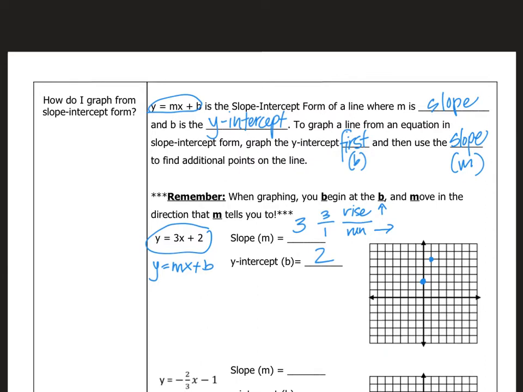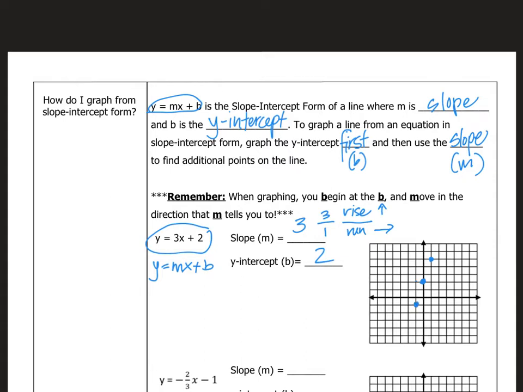So now let's think about it. We need one more point because we want to have at least 3 points when we are graphing. And if we are at our first point that we plotted, so our y-intercept, and if we want to plot a point to the left of it, so going in the other direction, then we need to go over 1 and down 3.